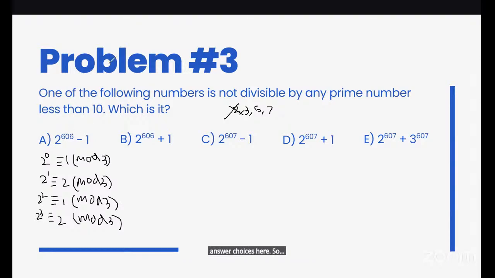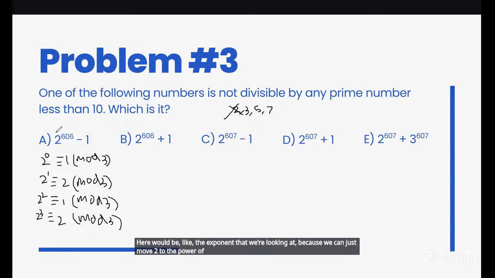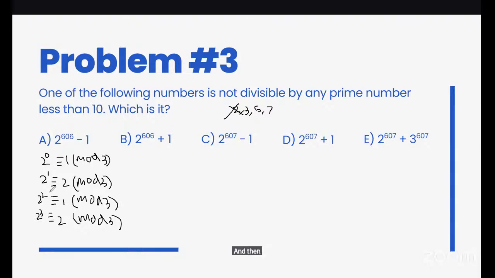So 2 to the power of 606. So 606 divided by 4 would get you a remainder of 2. So 2 here would be the exponent that we're looking at, because we can just move 2 to the power of whatever, and then 2 to the power of 2.